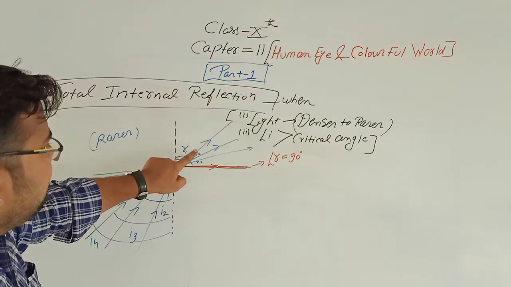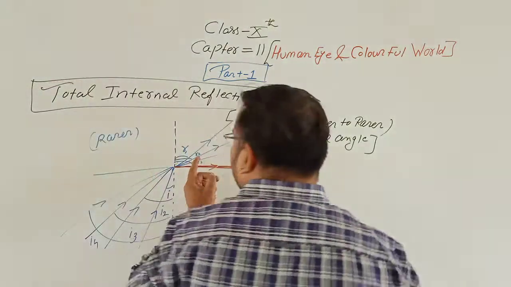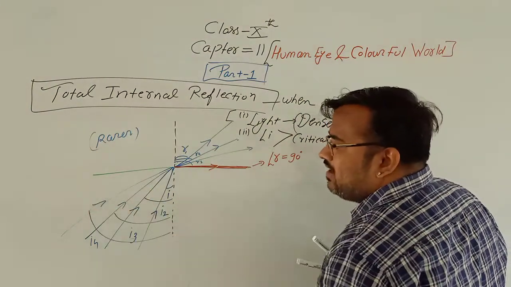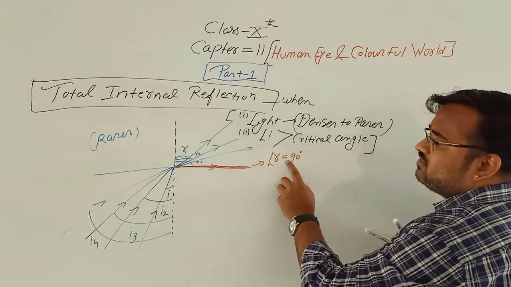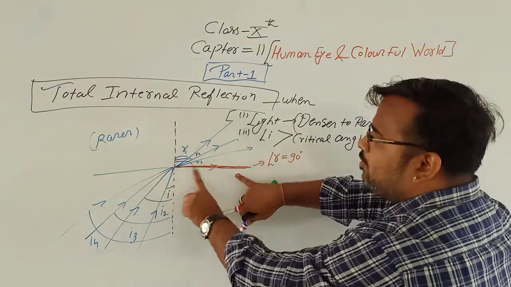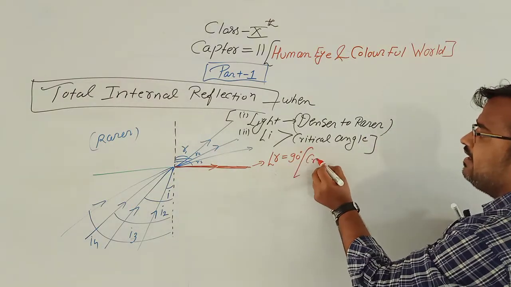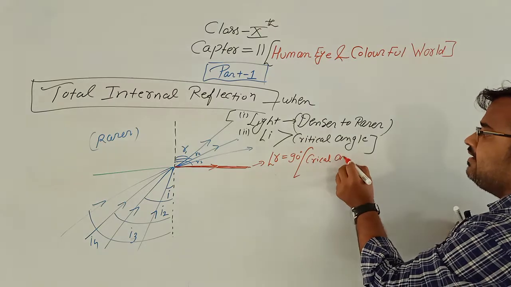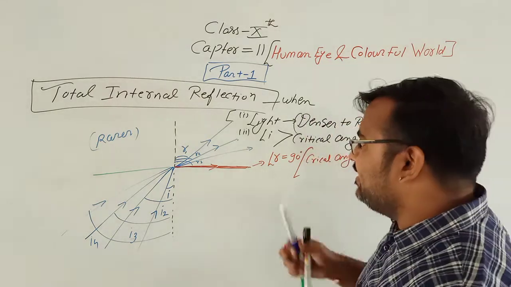This is R1, this is R2. The angle of refraction is increasing continuously. Clear? So at this particular point, the angle of refraction is 90. The refracted ray and normal are perpendicular to each other, and this point is known as the critical angle.